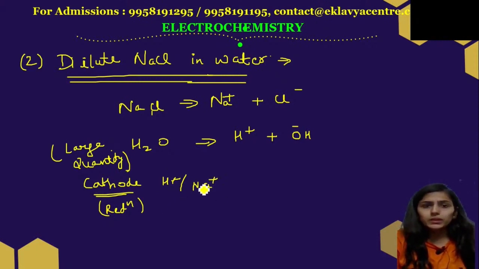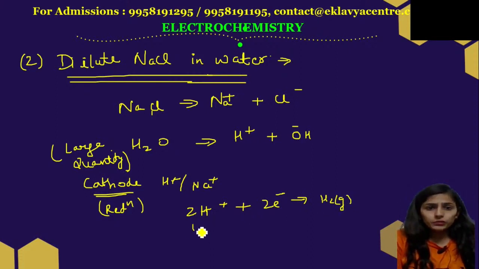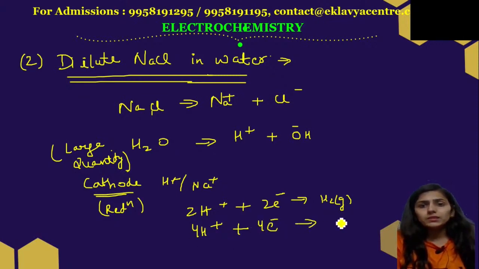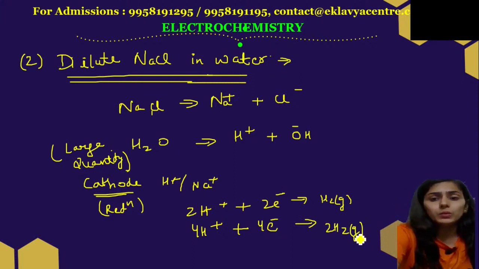We know that twice of H plus will accept 2 electrons to give 1 mole of H2 gas, right? Or I can also write it as 4 of H plus plus 4 electrons will give us twice of hydrogen gas, right? This reaction is going to take place at the cathode.